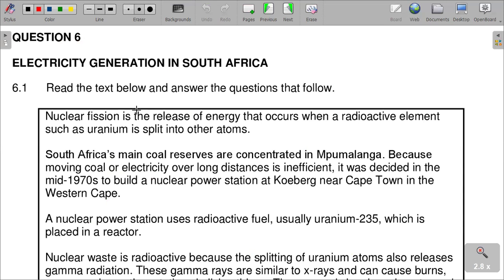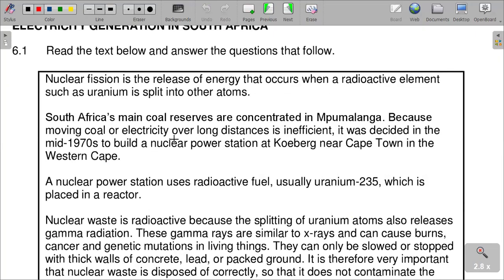South Africa's main coal reserves are concentrated in Mpumalanga because moving coal electricity over long distances is inefficient. It was decided in the mid-1970s to build a nuclear power station at Koeberg near Cape Town in the Western Cape.